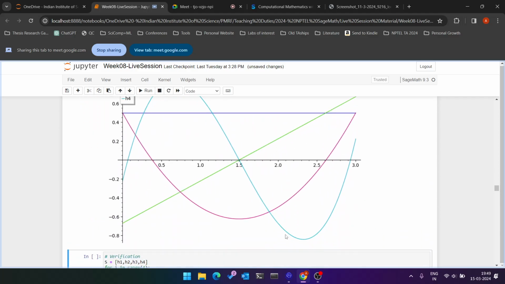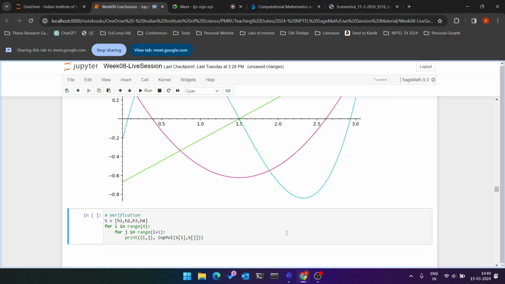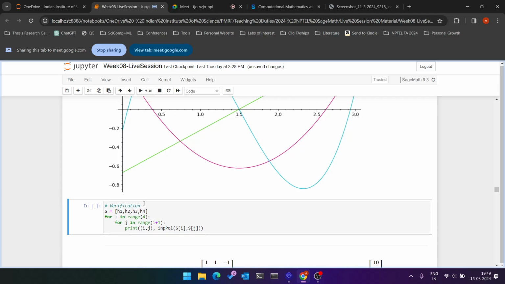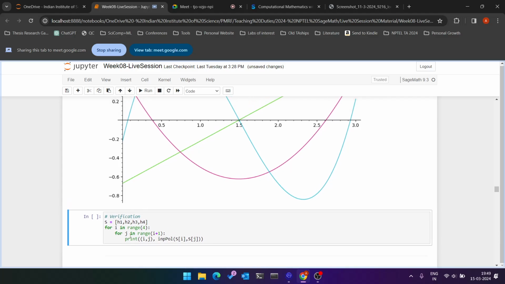To check if they satisfy the necessary conditions, I'll run through the same verification that I did for the earlier example, wherein I define a set containing the new orthonormal basis, and then for each term belonging to that basis, I take the inner product with respect to the other terms.